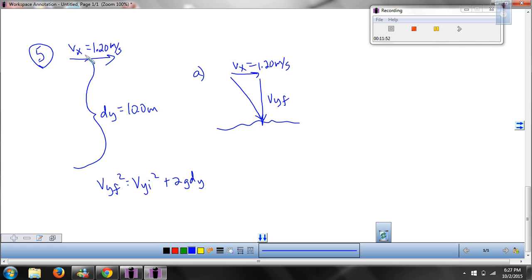When he runs off horizontally, VYI is 0 because gravity hasn't accelerated it in the vertical direction. So VYF is simply going to be the square root of 2 times 9.8 meters per second squared times the 10 meter height that he has to fall. So when I did that, I got VYF to be 14 meters per second.